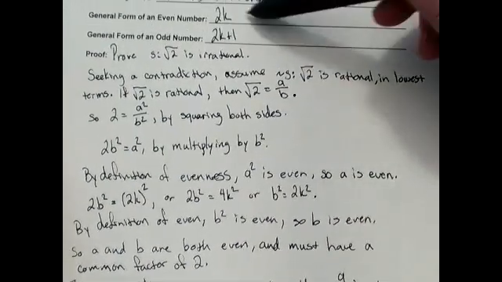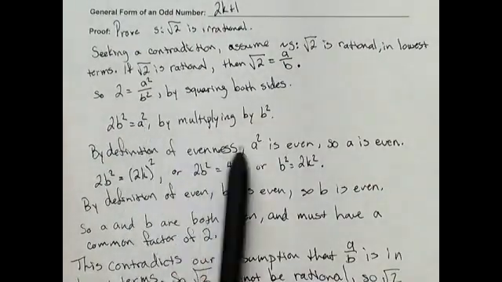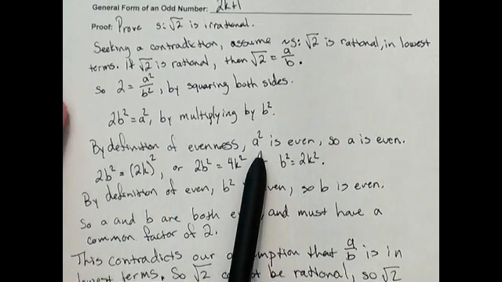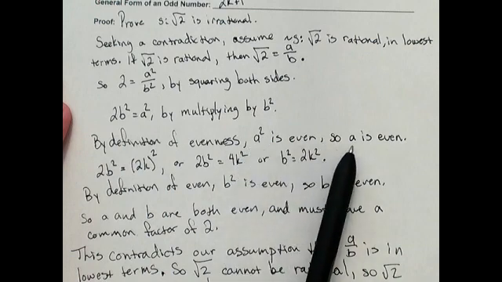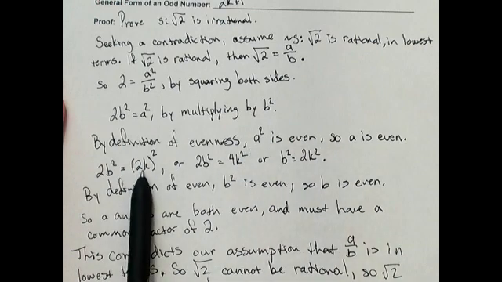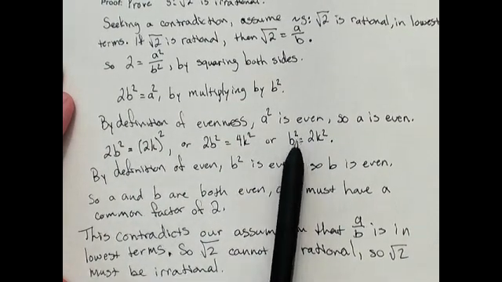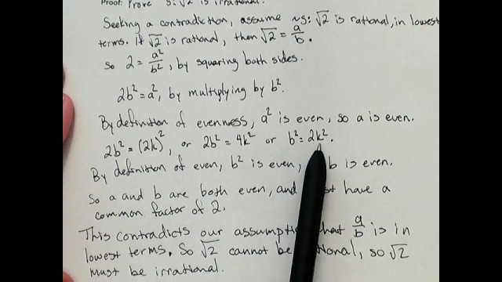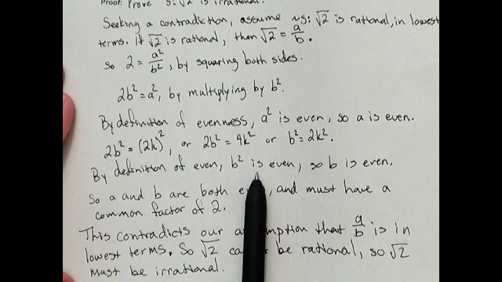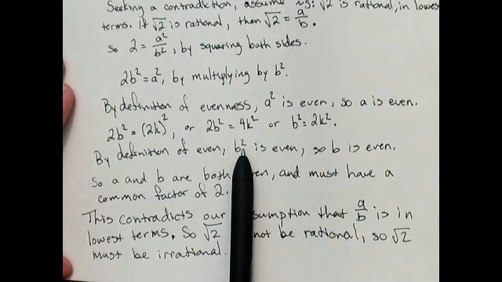From what I introduced you to, the general form of an even number, a squared has to be even. And in order for a number to be squared and even, that means that number itself is even. So I then just substituted 2k, the general form of an even number, in for a, found some equivalent statements to isolate b squared. And again, by definition, b squared is now equal to 2 times some value, so b squared is even. And just like with the a, if b squared is even, that means b has to be even.